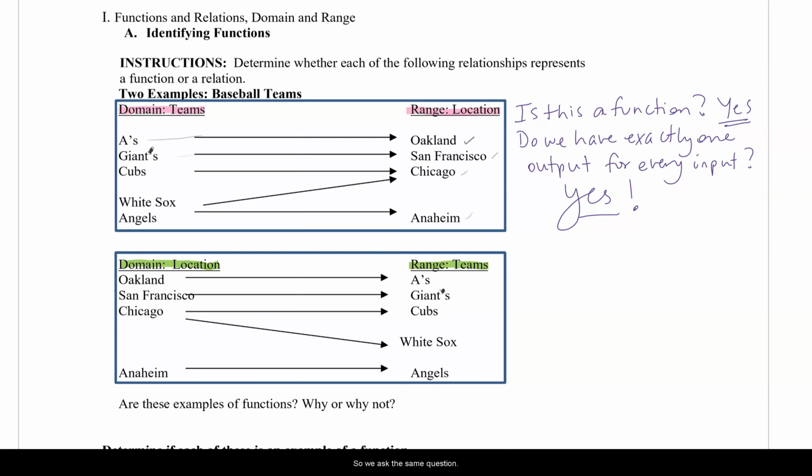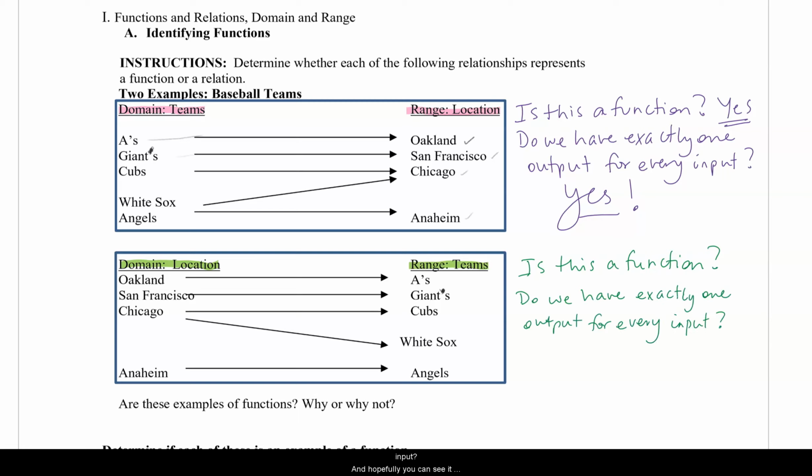So we ask the same question. Is this a function? Do we still have the same situation of every location gets exactly one team? In the function words, do we have exactly one output for every input? And hopefully you can see it. There's a problem here with Chicago. Chicago gets mapped to two different teams.